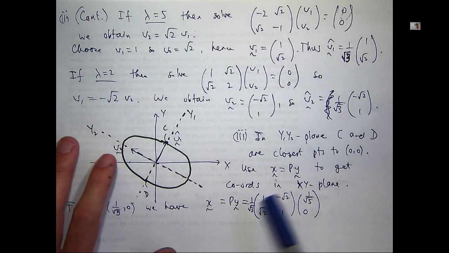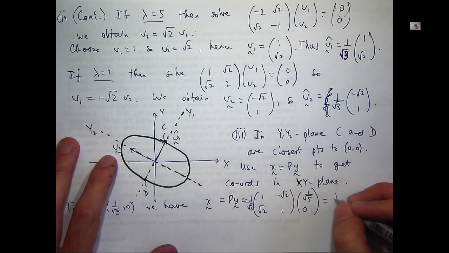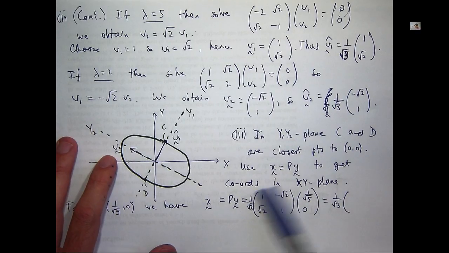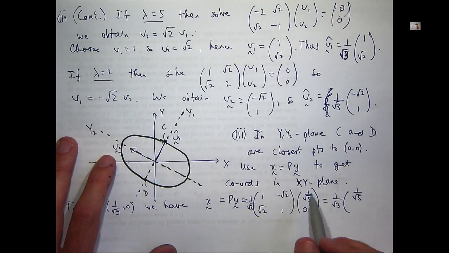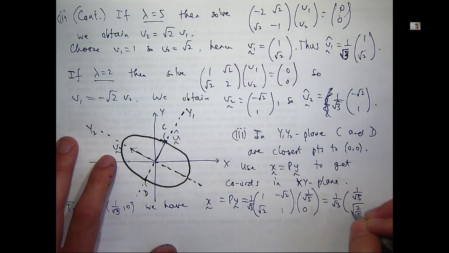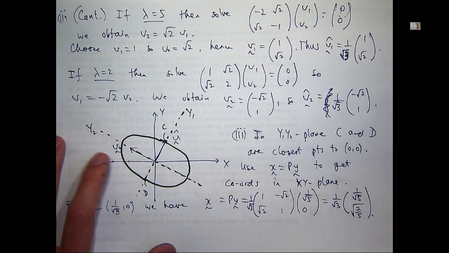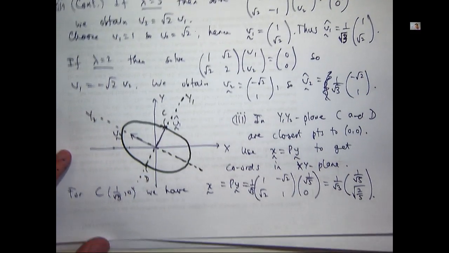Okay, so what are we going to get here? We're going to get something like 1 on root 3, 1 on root 5, root 2 on 5. You can clean it up a little bit if you want.